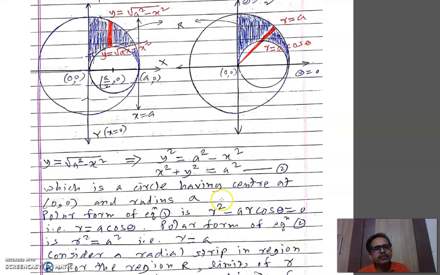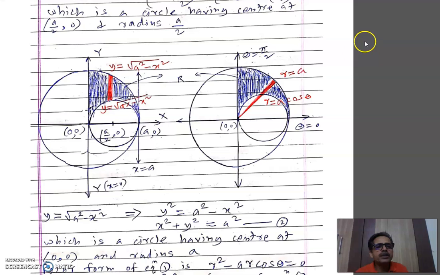If you observe this figure, at this point r is a cos theta, because it is on the small circle whose polar equation is r equal to a cos theta, and at this end it is on the large circle whose equation is r equal to a. Hence the limits of r are a cos theta to a.